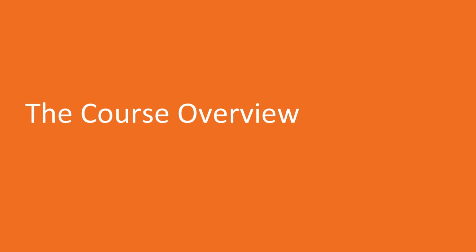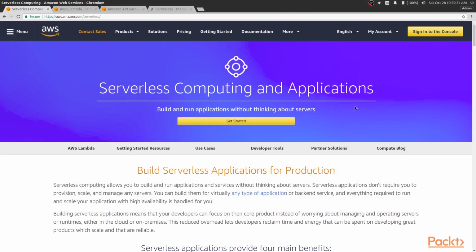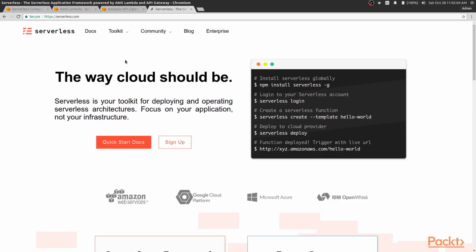The course will consist of real hands-on examples of using serverless architecture in a production environment. Let's glimpse into what we'll be doing in the coming videos of this course. Here's the roadmap of the course. It consists of 5 sections. In section 1, we'll start from the beginning and give you a proper introduction with the key serverless tools we'll be using for the remainder of the course.